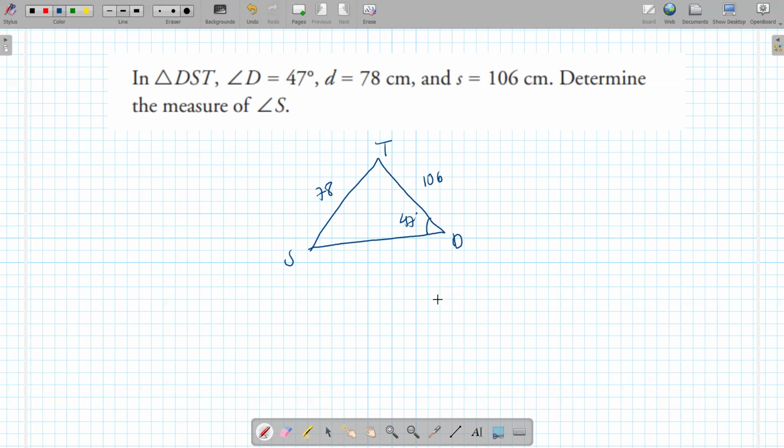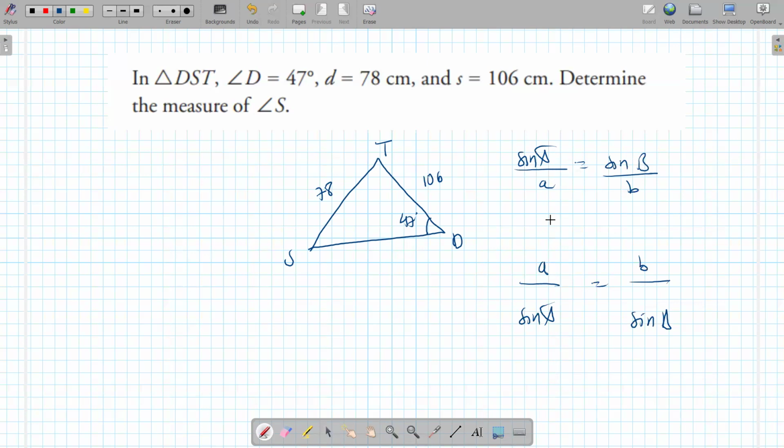So look at this. You can either use this formula, a over sine A equals b over sine B. This you'd use if the side length is missing. Or alternatively, you can use an equivalent formula, which is this entire thing flipped upside down. It looks like this: sine A over a equals sine B over b.